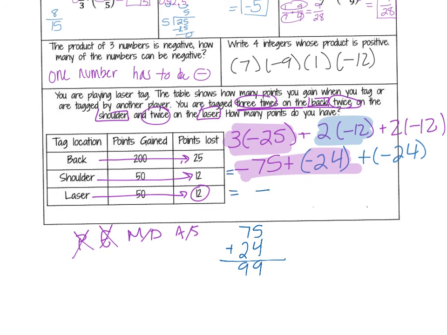So this is going to be negative 99 plus negative 24. Then again, they have the same sign. They're both negative, so I'm going to add them together. 9 plus 4 is 13. 1 plus 9 is 10, plus 2 is 12. And then they're both negative, so my answer will stay negative 123 points.